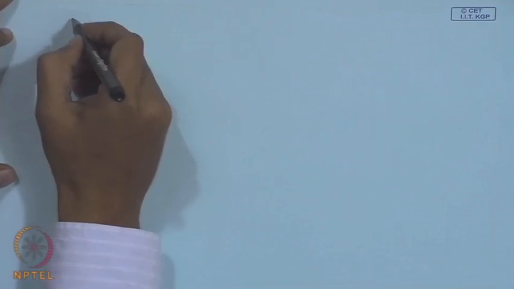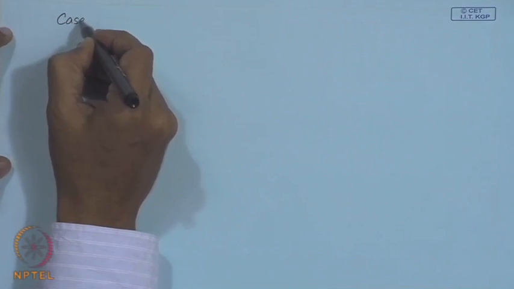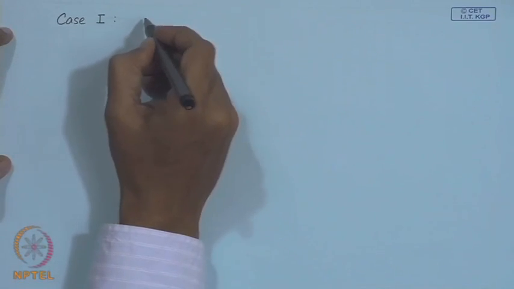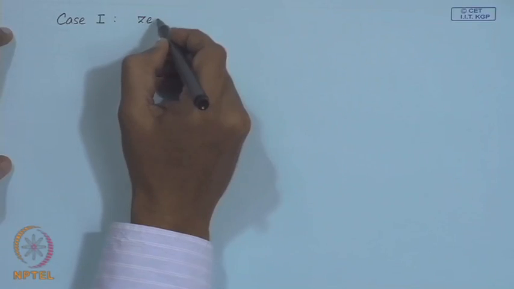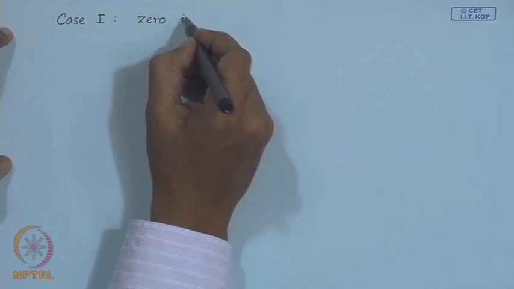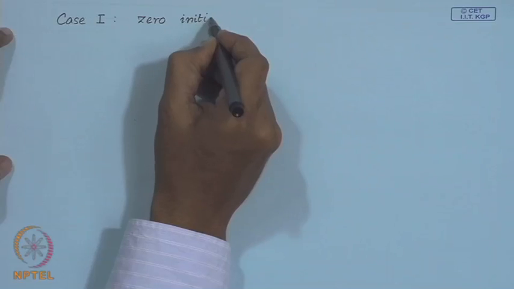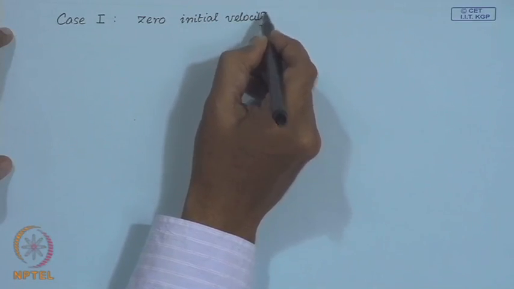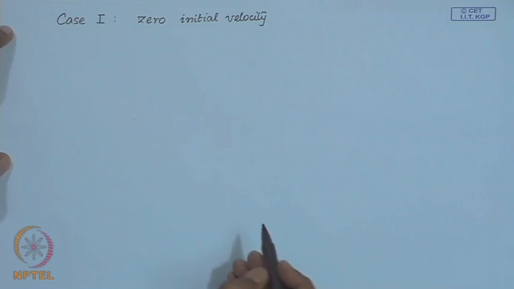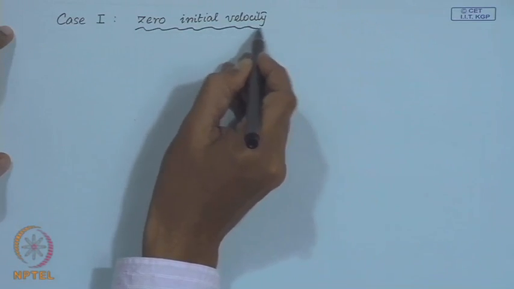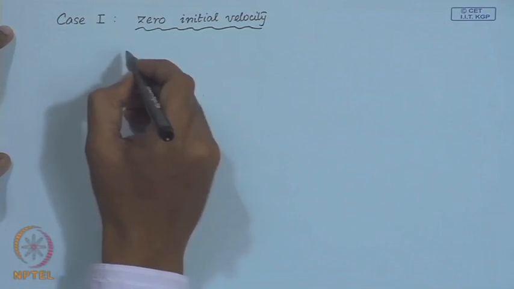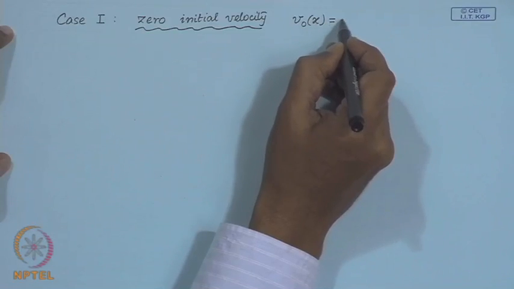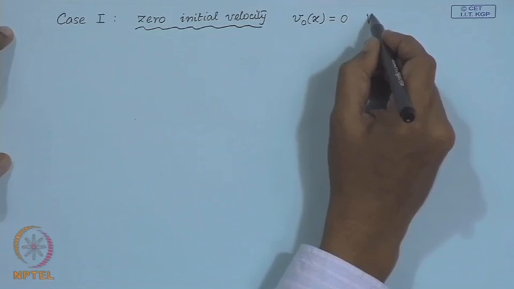So, let us consider the first case with 0 initial velocity, which means that this is 0 for all x.